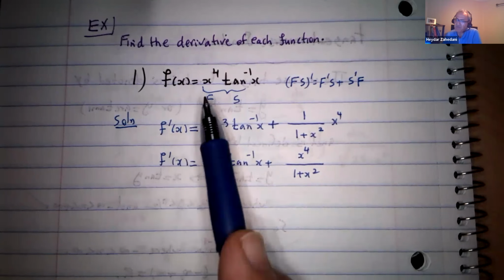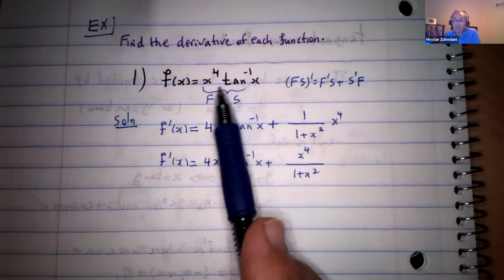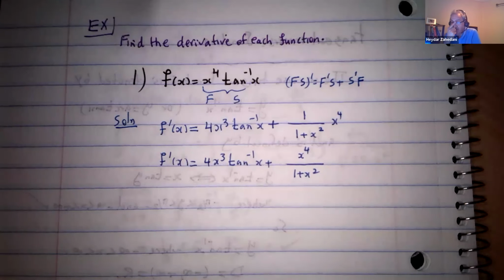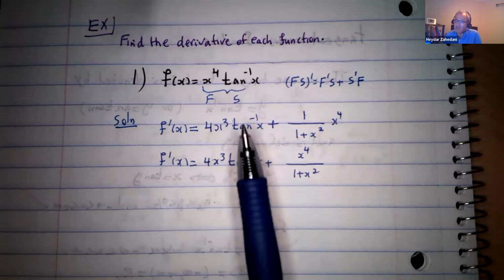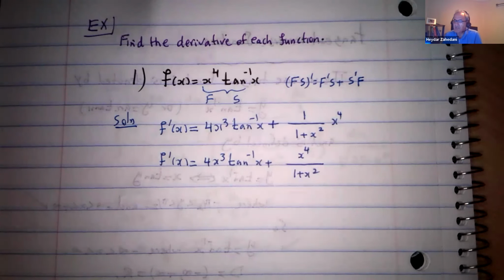Okay, so it's a product of 2. As I did it, you can have x to the 4th times sine inverse or the tangent inverse. These are very standard operations that we are going to have. So derivative of the first one is 4x cubed times the second function, tangent inverse, plus the derivative of the tangent inverse times the first function.